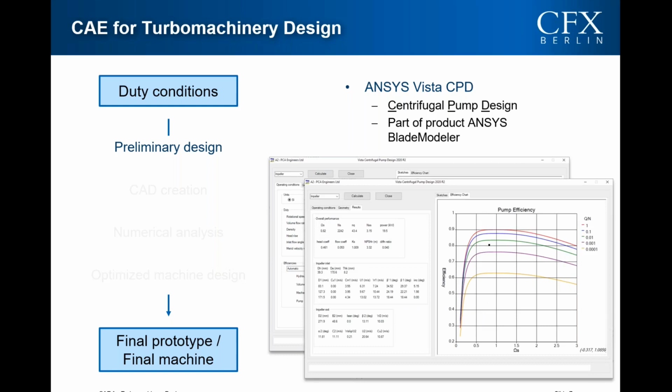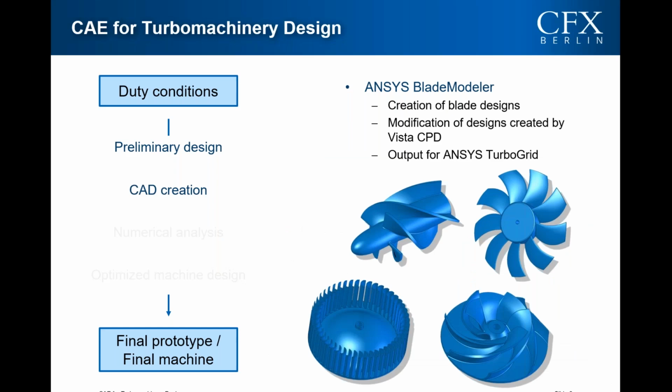Vista CPD outputs the design as a Blade Modeler geometry. And this Blade Modeler is a special tool for the creation of impeller designs that are ready to use for the analysis workflow in ANSYS Workbench. Here you can see some examples of possible turbomachinery types and shapes.